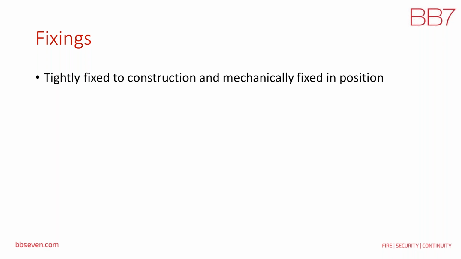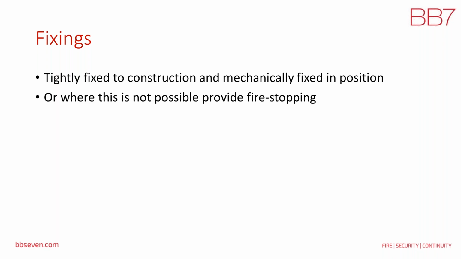In other words, you need to have mechanically fixed cavity barriers if you're using anything other than two leaves of masonry construction. The reason for that is that if it's not masonry, it could move in a fire due to expansion of products, and therefore the cavity barrier is likely to fail if you don't fix it in.